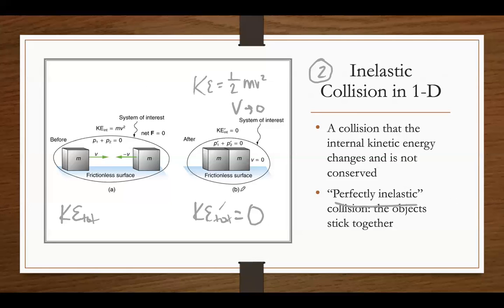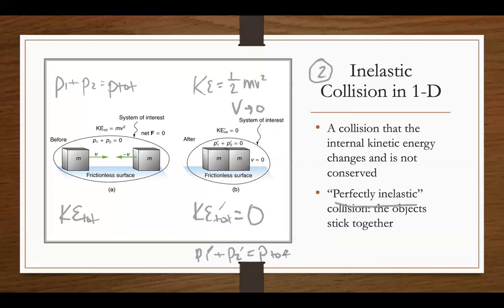Let me quickly explain a bit more. Before the collision, P1 plus P2 is our total momentum. Same thing after the collision, P1 plus P2 prime equals P total. From our understanding of conservation of momentum, these should equal each other.